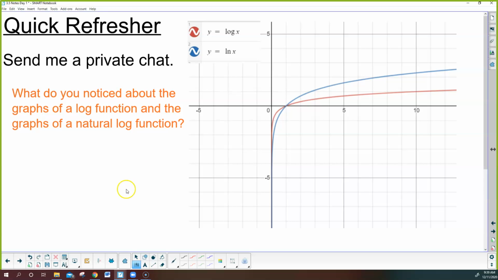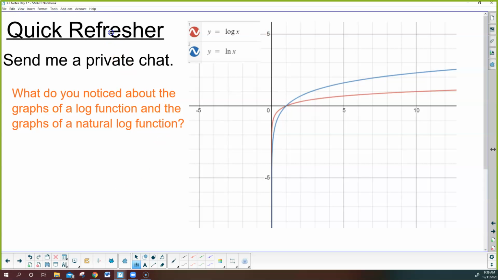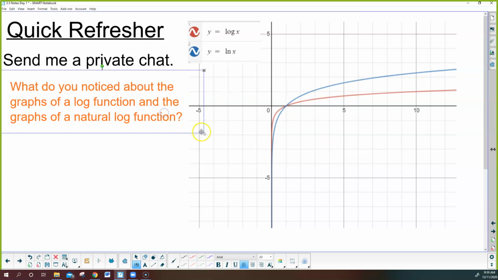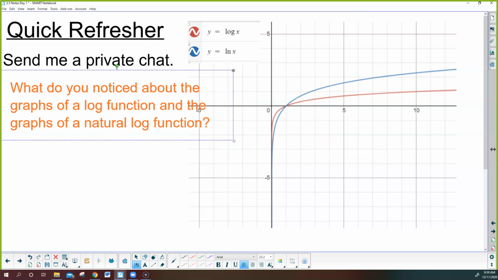All right, really quick, you do not have to write this down, but I want you to send me a private chat. What do you notice and what do you wonder about the two different functions? I'm going to read them out loud as you throw a chat in there.